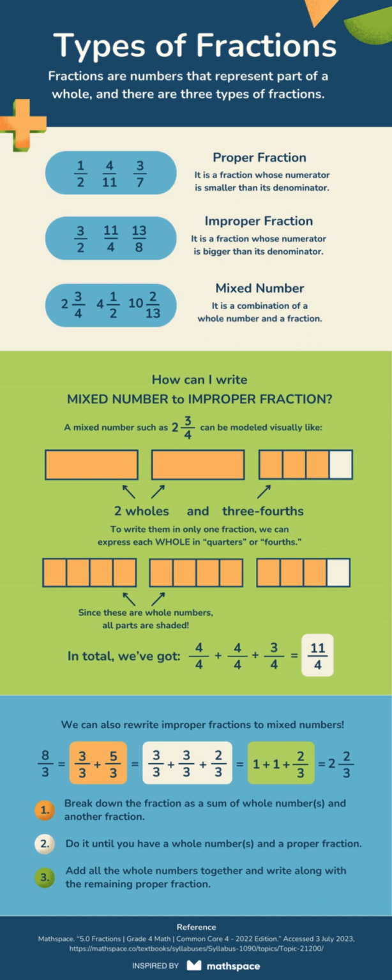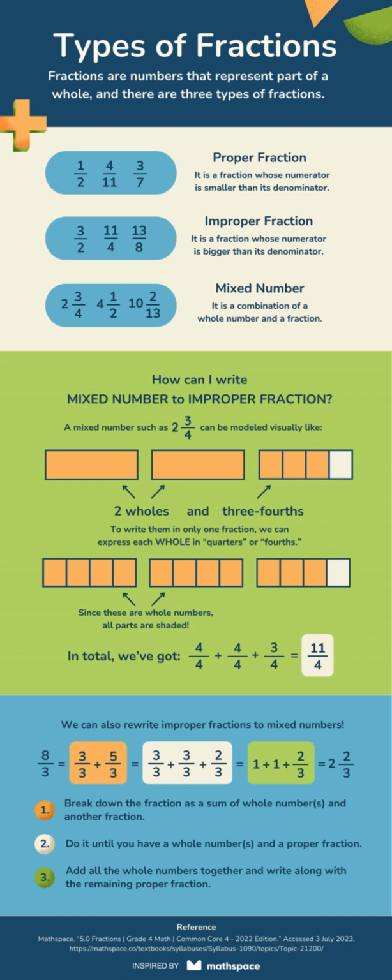And then we can also do the same, converting an improper fraction back to a mixed number. We do this very simply. In this example, we have 8 over 3, right? When we have 8 over 3, we ask how many whole numbers we can get out of the improper fraction 8 over 3.